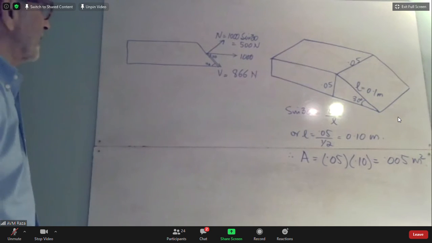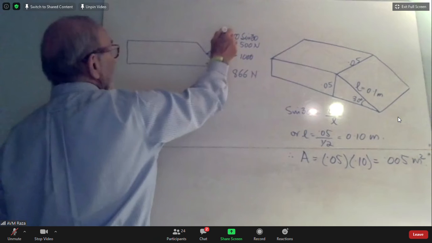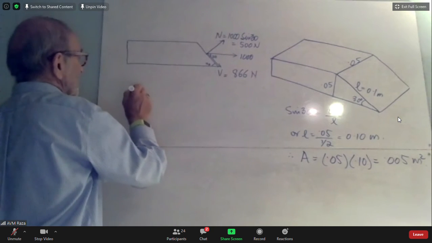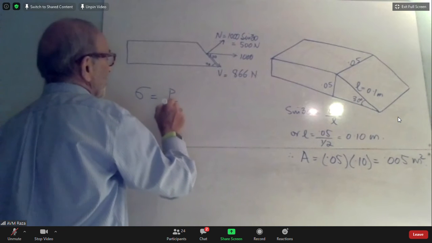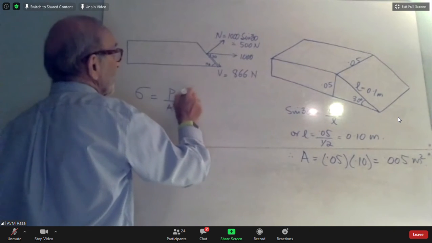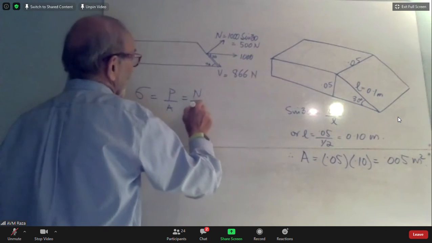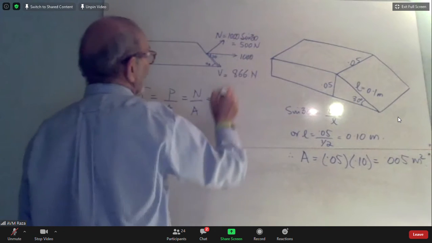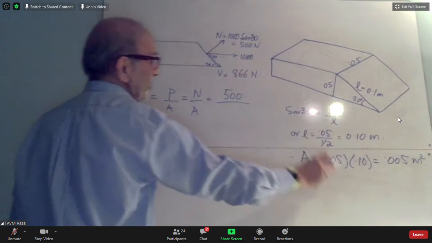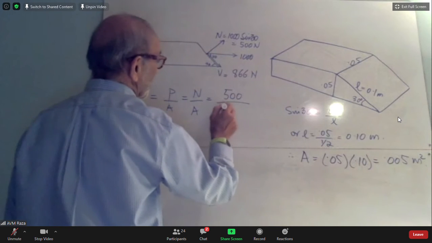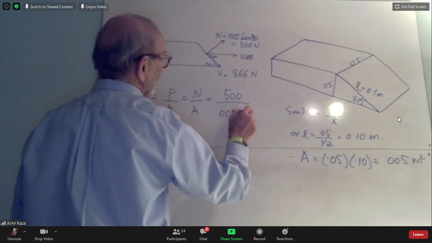The one normal to the area will cause the normal stress, which is sigma. Sigma is defined as P over A, or N over A, you can call it. And N came out to 500. And what is that area? That area we already found was 0.005 meter squared.